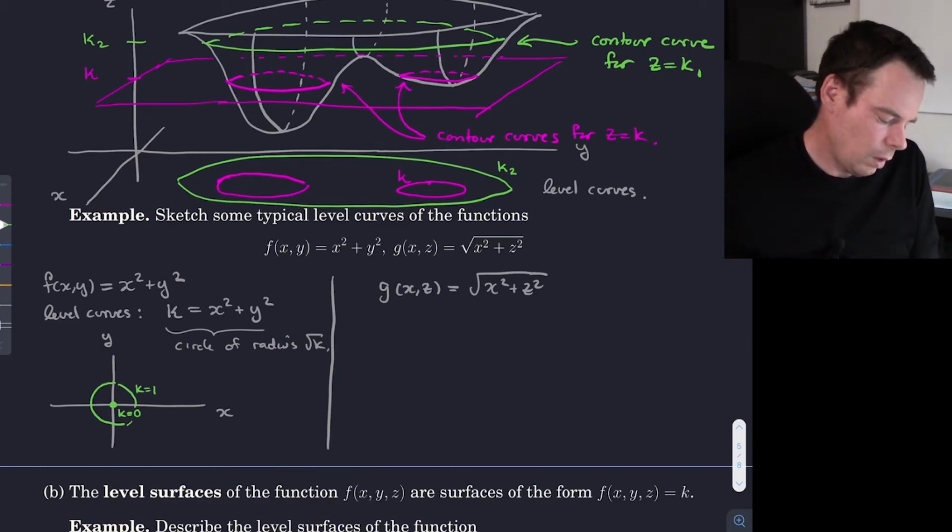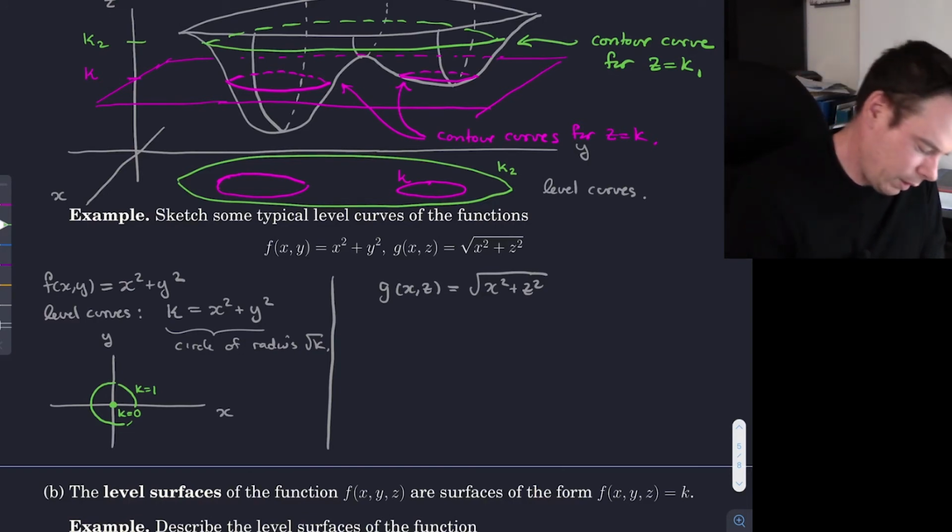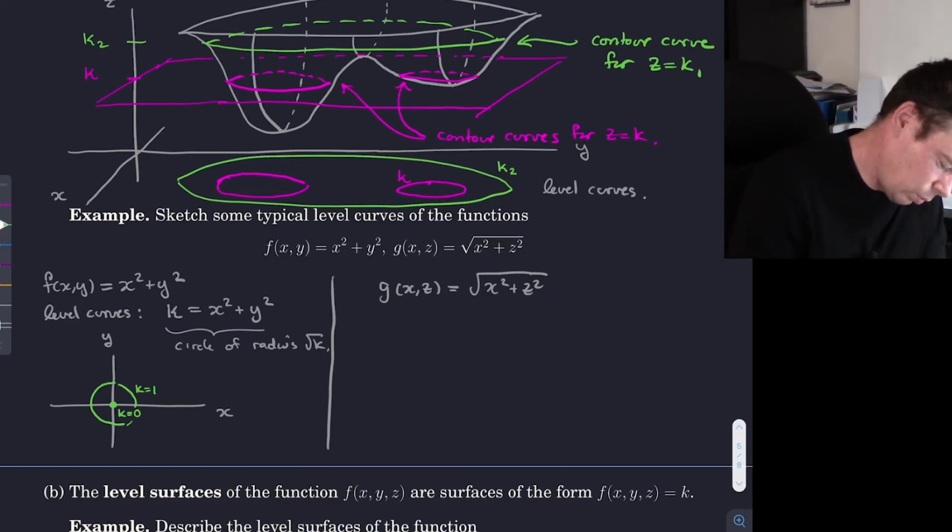When k is equal to 2, I get a circle of radius root 2. It'd be something like this. I'm going to change the color of this one just because I don't want those k values to start confusing as to which one they are pointing to.